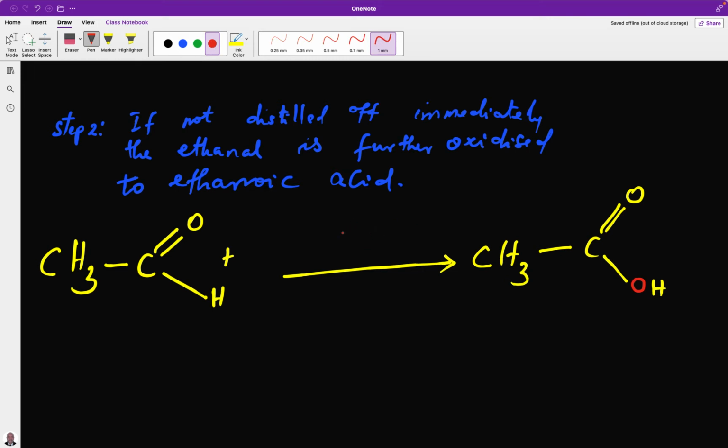I said oxidation is addition of oxygen. That is the oxidation that is taking place there.